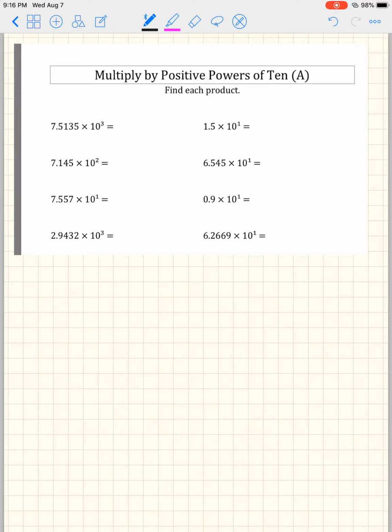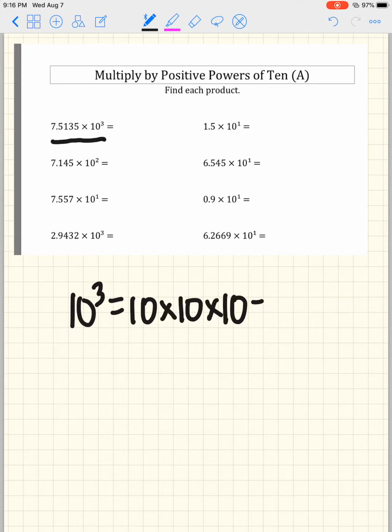So if you look at the first one, 7.5135 times 10 to the third power, just a couple things to remember. 10 to the third power is the same as 10 times 10 times 10. That's the expanded form. And then the standard form would be 1 with 3 zeros, 1,000.